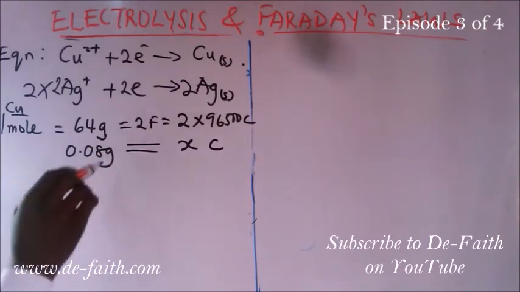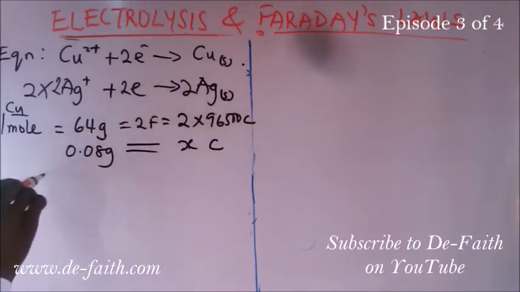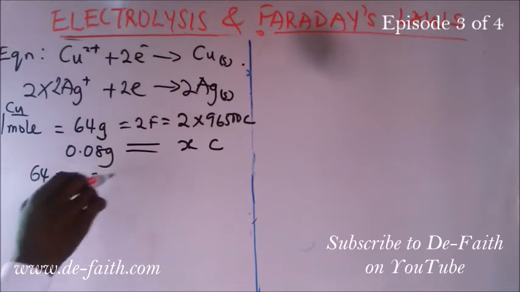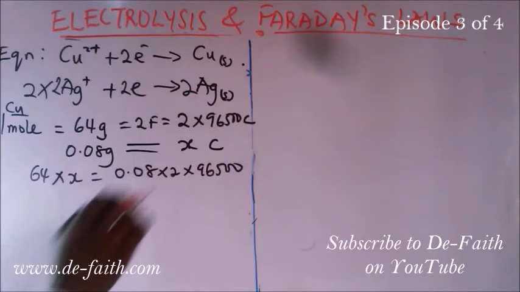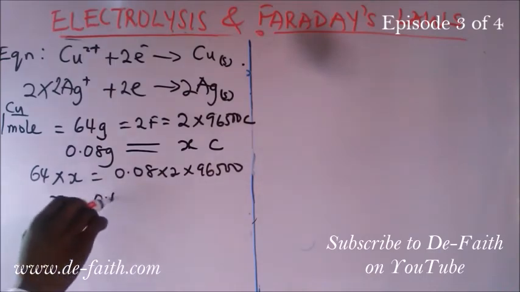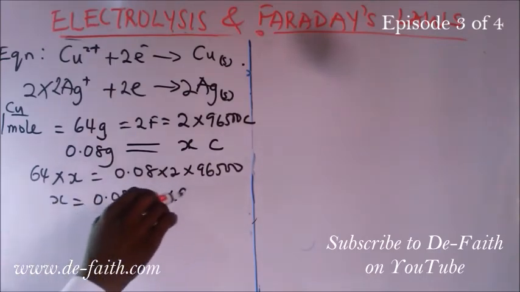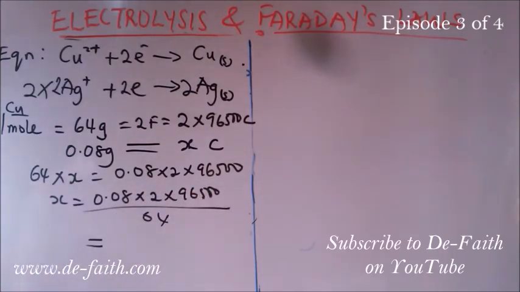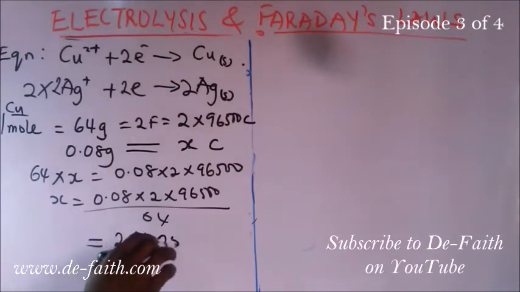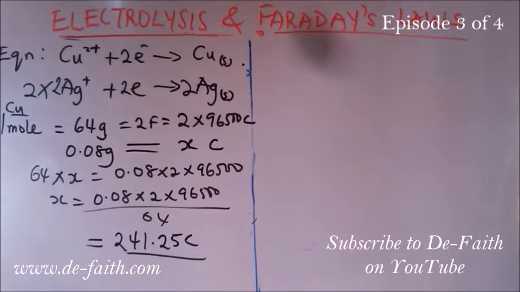And so we would cross multiply: 64 times x equals 0.08 times 2 times 96,500. So x equals 0.08 times 2 times 96,500 over 64. Now when we multiply this out, it gives 241.25 coulomb of electricity. That is the quantity of electricity that also passes through the silver trioxonitrate solution.